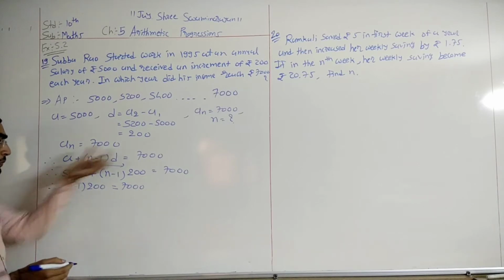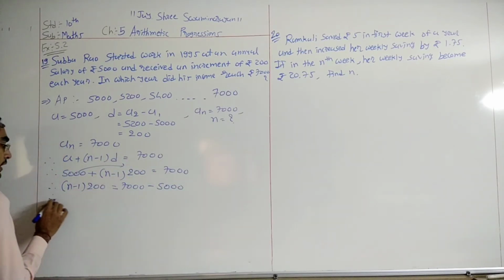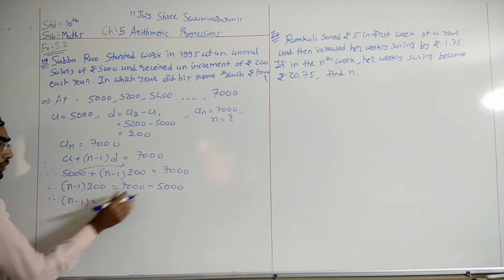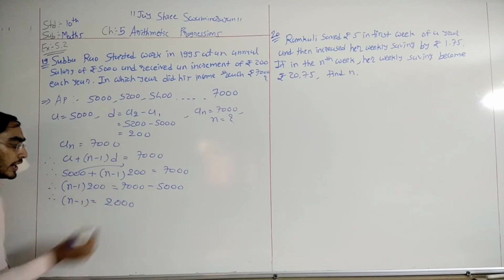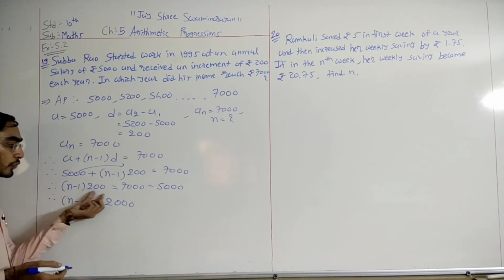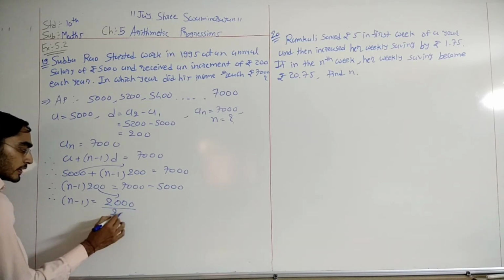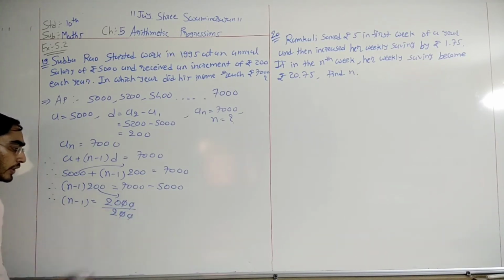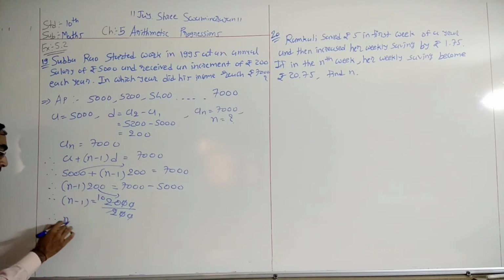If we transfer this 5,000 to the right hand side, it becomes minus 5,000. So n minus 1. Now 7,000 minus 5,000 is 2,000. And here we need to find the value of n. So transfer this 200 to the right hand side. It goes to the denominator. Here the zeros cancel, right? So finally n minus 1 is equal to 10.